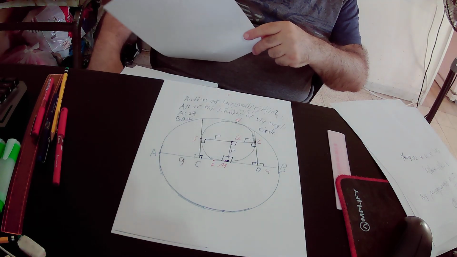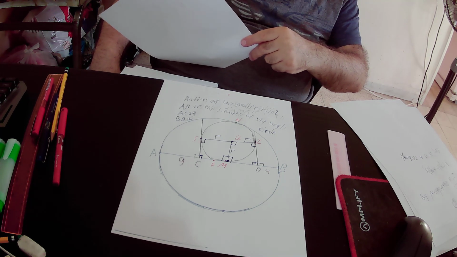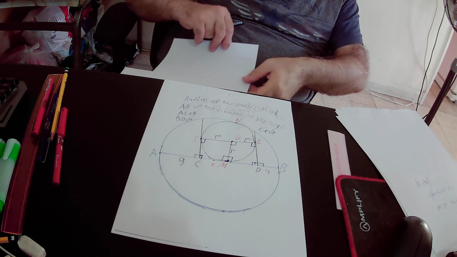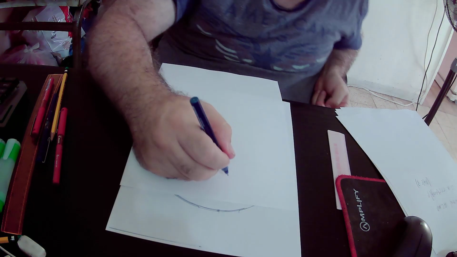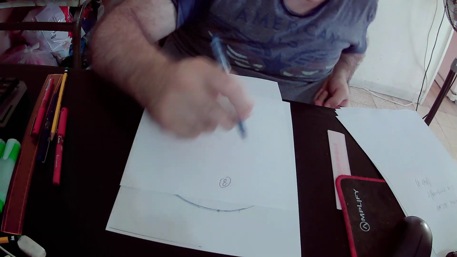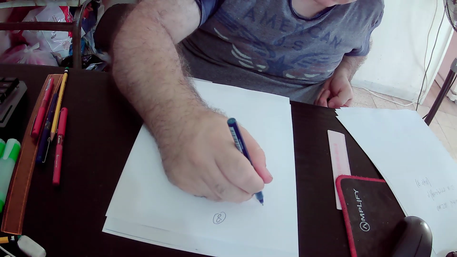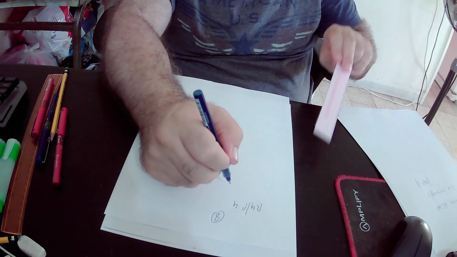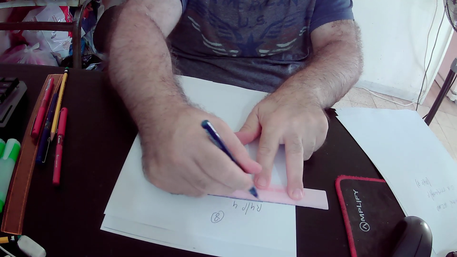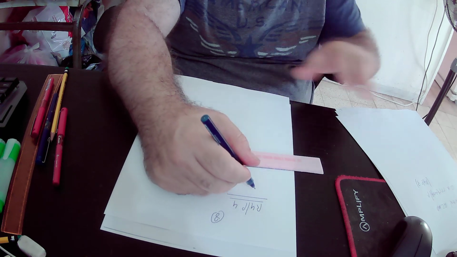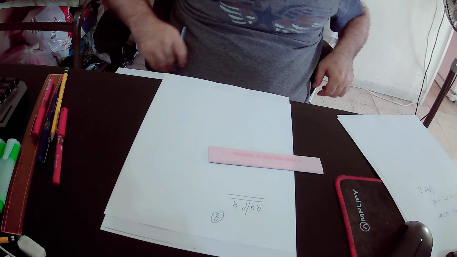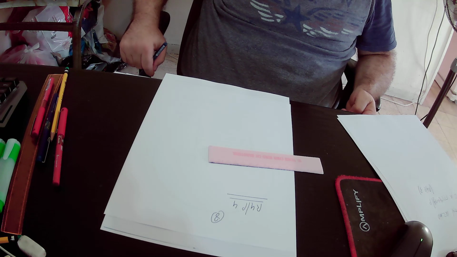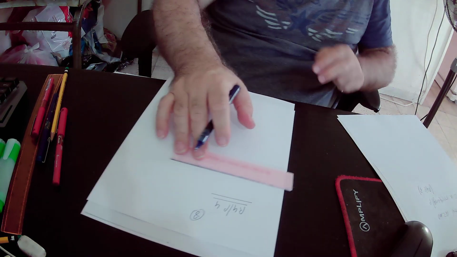Okay, but we have also rule number 4 that states that the opposite sides of a rectangle are equal to each other.